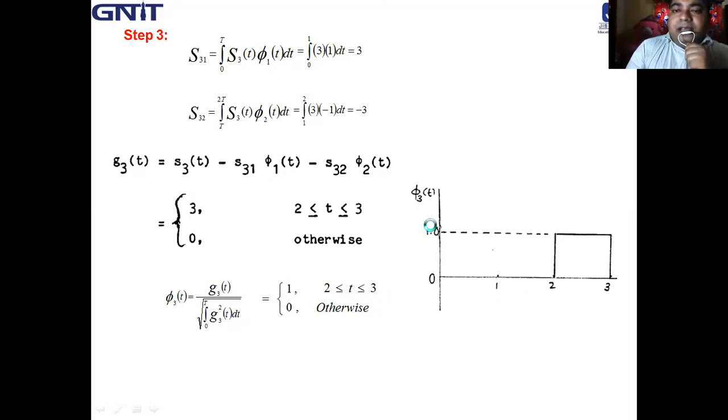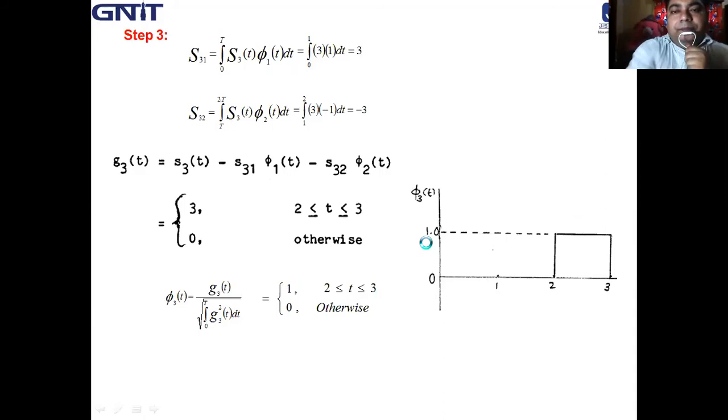So the third basis function is represented in the figure here, which is phi 3(t), which exists from 2 to 3 time period, and it has an amplitude of 1 unit.